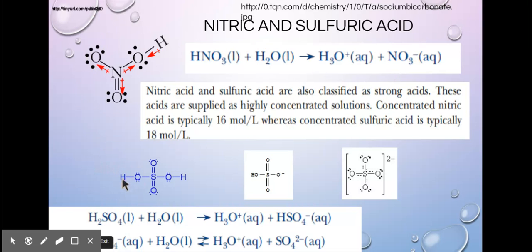In the same way, if you've got sulfuric acid, now you notice with sulfuric acid, you've still got this double bond O and the oxygen and the hydrogen there, making this whole area very electronegative. That shared pair of electrons tends to stay with the oxygen. If a water molecule comes along, this becomes very easily attracted to the lone pair on the water molecule, and it snaps off very easily.